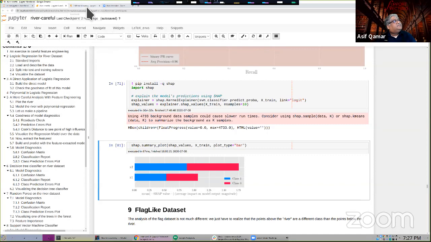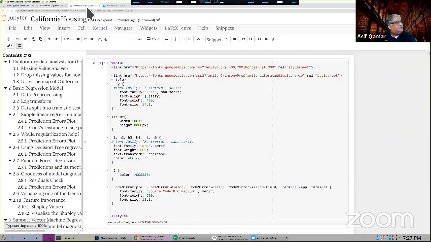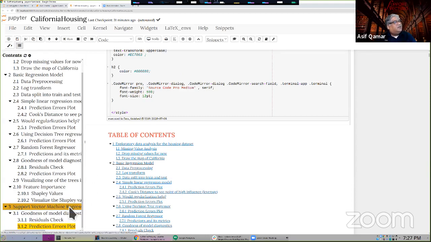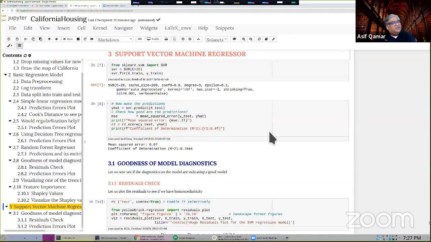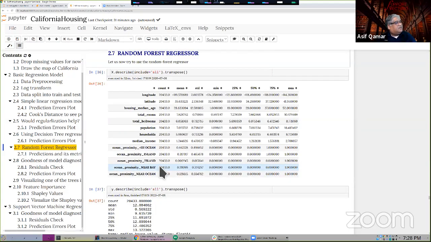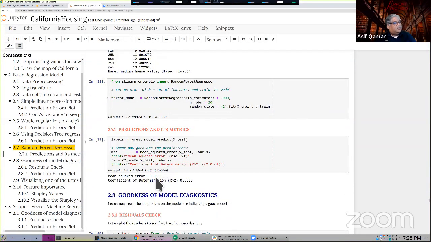Then, in the California housing, if you remember, we did all sorts of things in California housing. I will now give you a way of using support vector machines. Now, what is the coefficient R squared and the mean squared error? 0.07. Do we remember what was the mean squared error for random forest? For random forest, our mean squared error was 0.05.